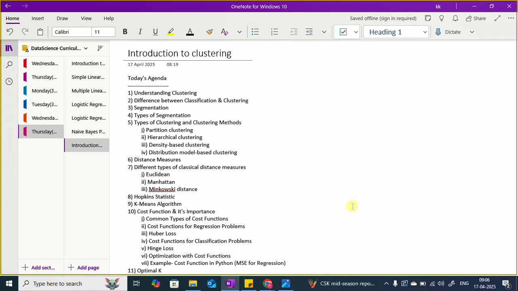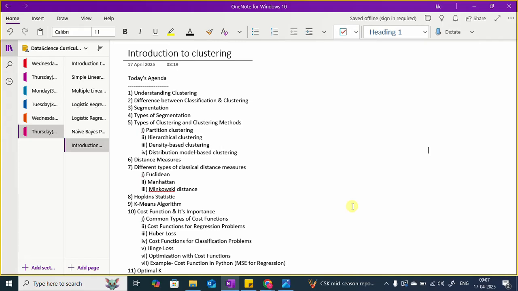Then distance measures, different types of classical distance measures, how to measure the distance. We'll use 2 to 3 methods: Euclidean distance, Manhattan distance, Minkowski distance, then Hopkins statistics.